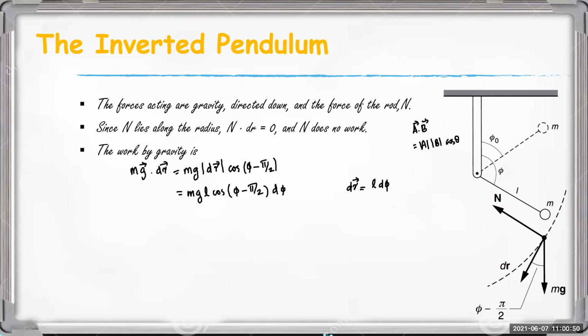What is cos of phi minus pi by 2? It must be equal to sine phi. So it is mg L into sine phi d phi.